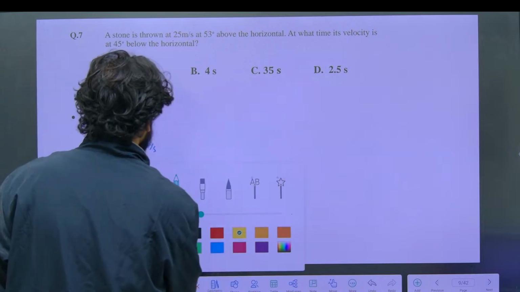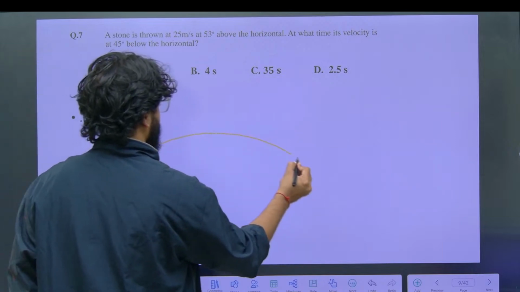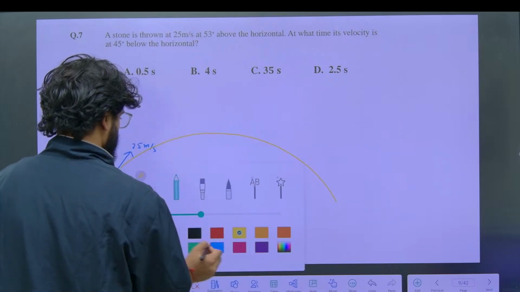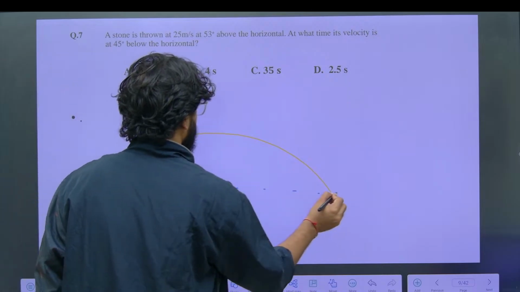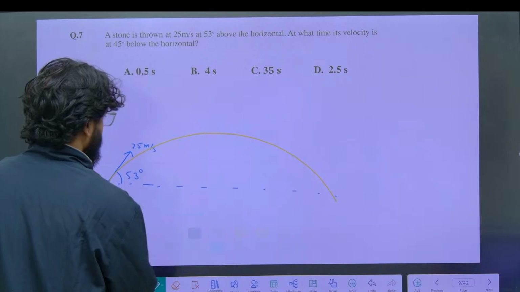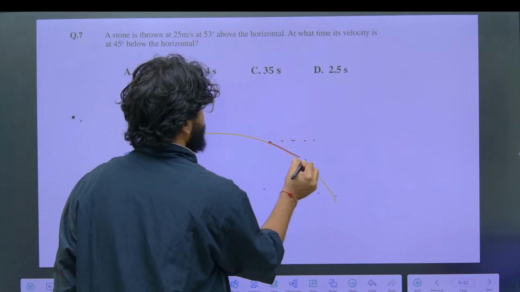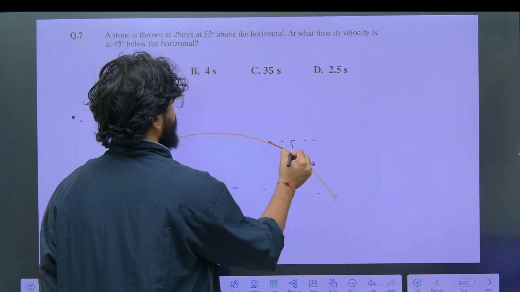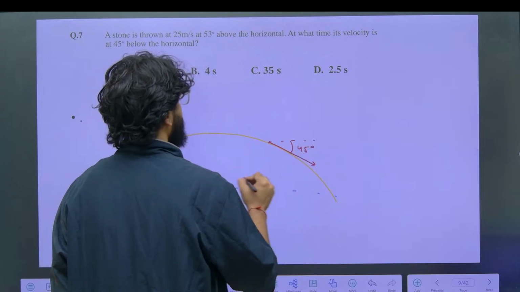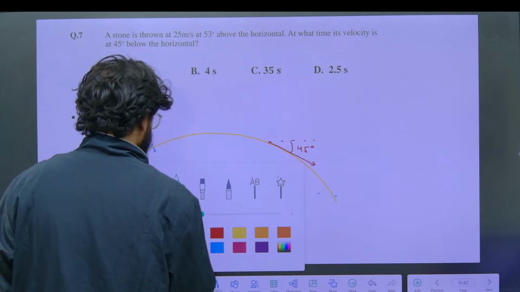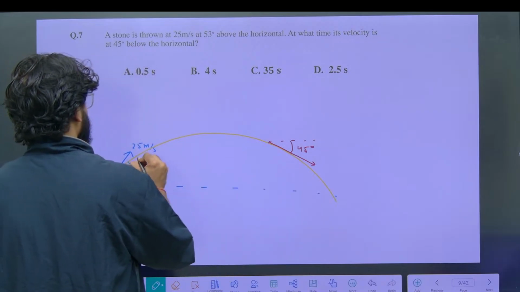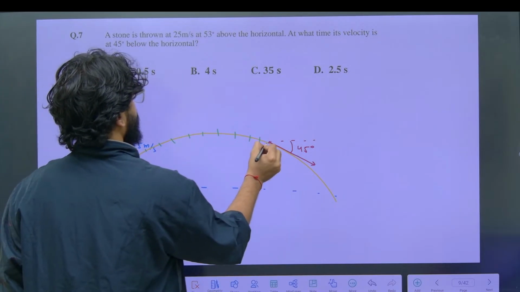So during projectile, over here, after how much time it will be this. So they are asking us to calculate till here.